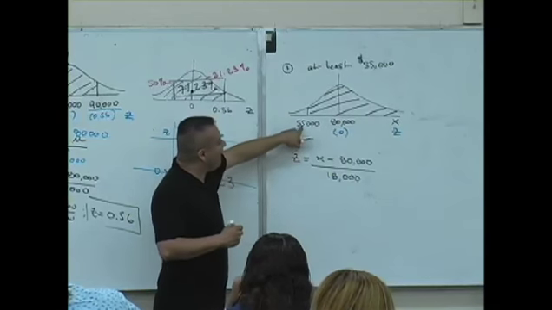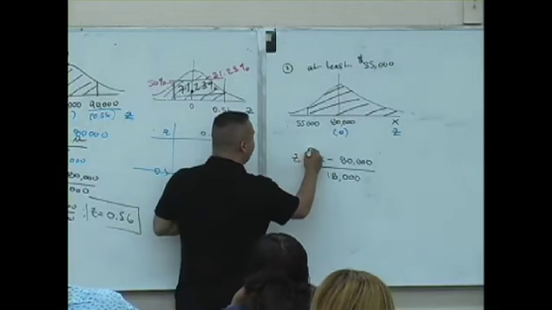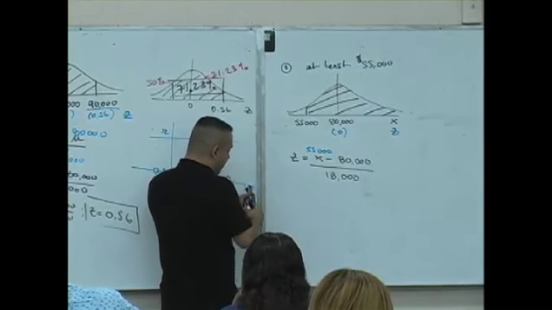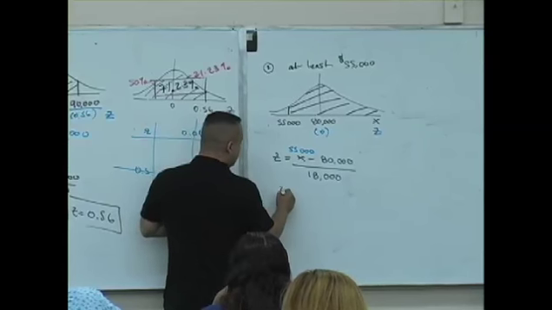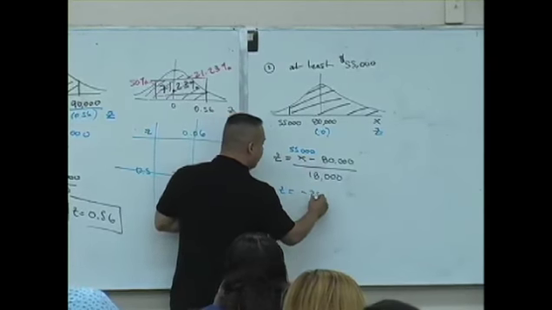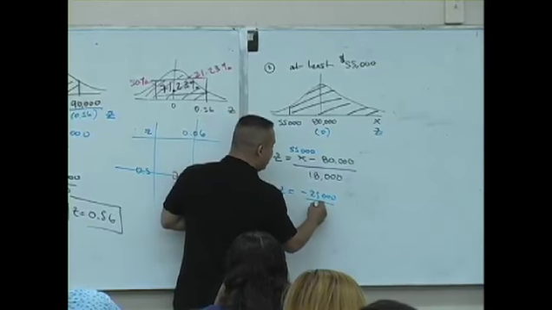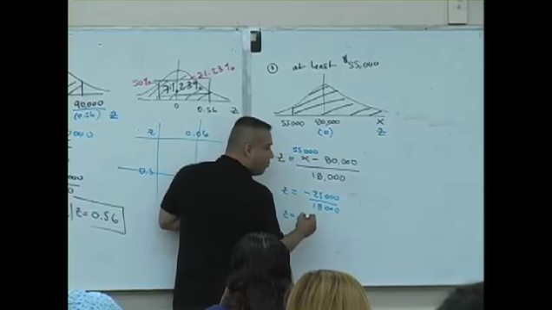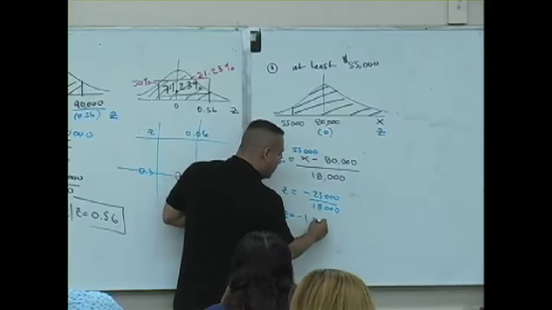What if I convert 55,000? I plug in 55,000 now. What's the corresponding z value? Z is 55,000 minus 80,000, which is negative 25,000, divided by 18,000. What's the z value? Negative 1.39.